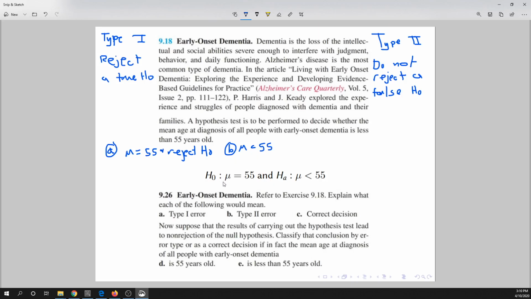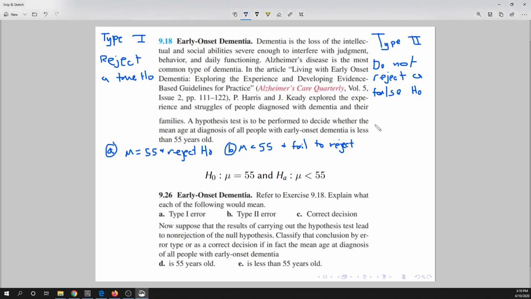So in this case, H naught is false, and then we fail to reject. So that would be a type 2 error.